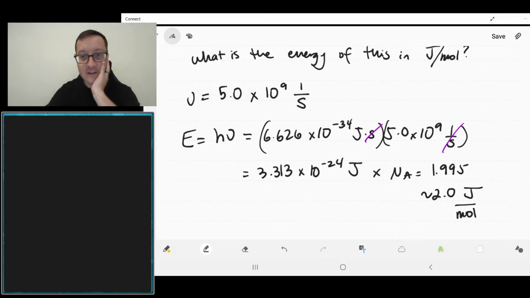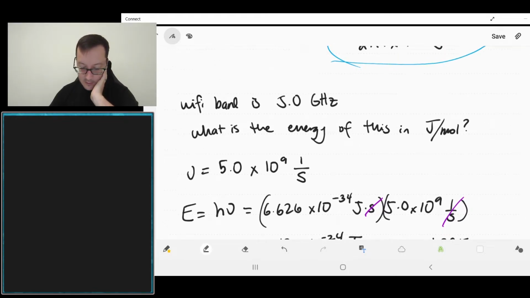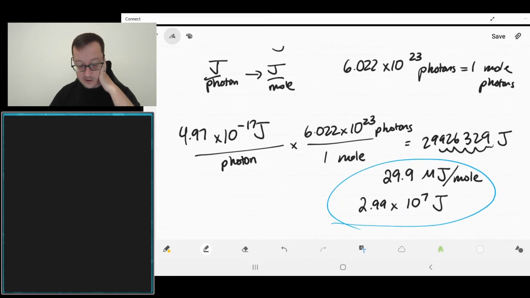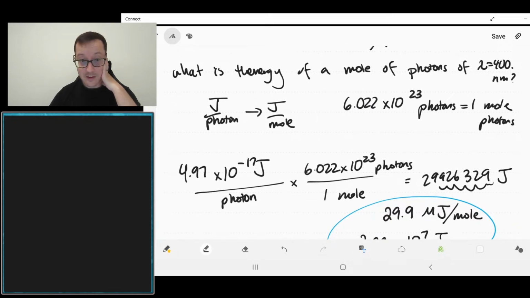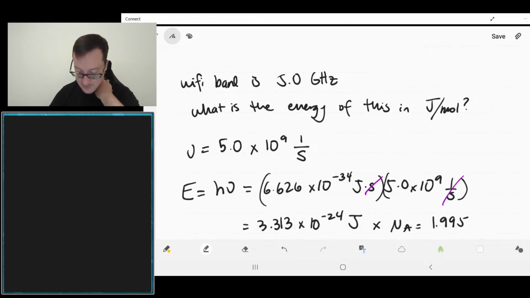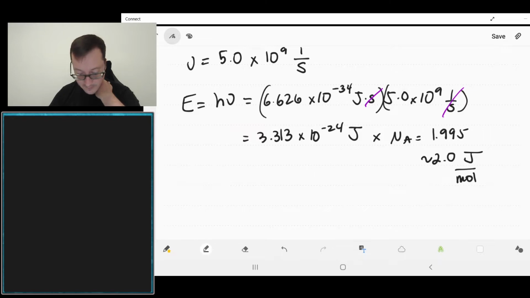Wow, what a difference. So 30 million joules for visible light we can see, that is coming into our eyes all the time, versus the Wi-Fi 2 joules. 2 joules versus 30 million joules for 1 mole. So 2 joules is not a lot of energy.